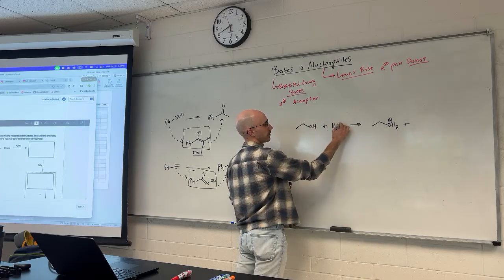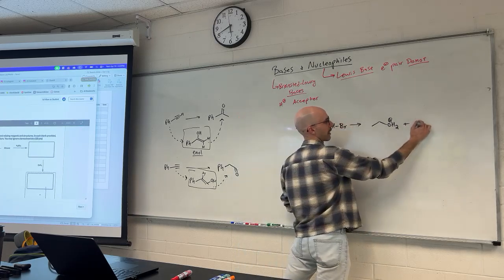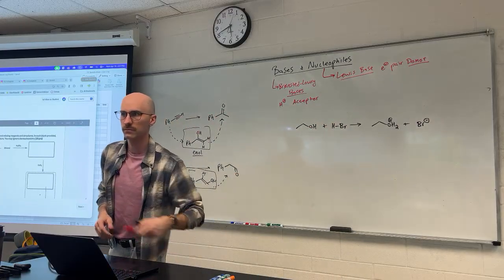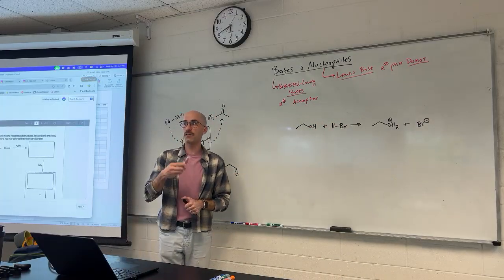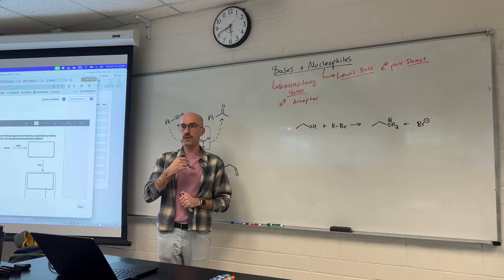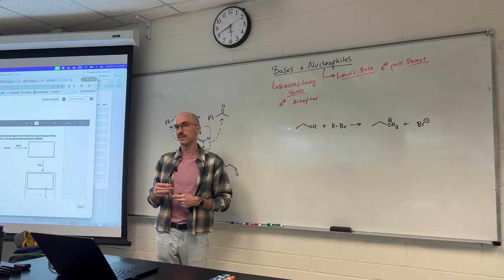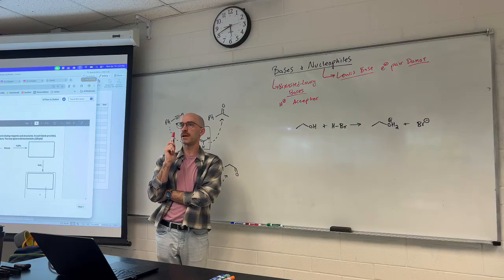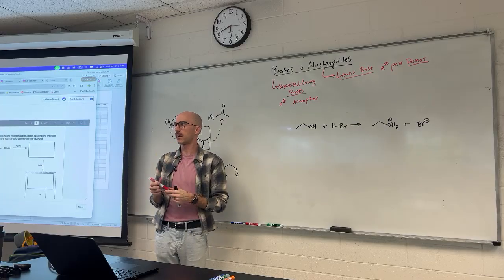Let's just start with hydrobromic acid to form bromide. Can you see how ethanol is serving as a base? It's accepting a hydrogen ion.